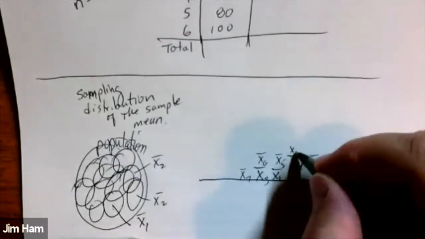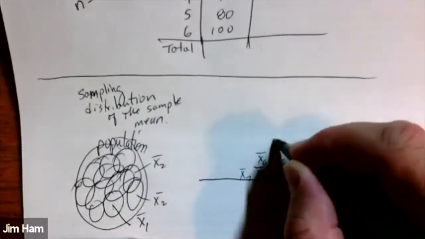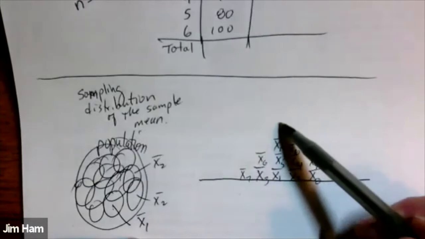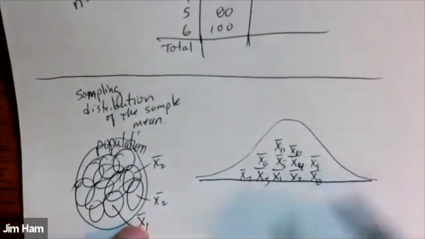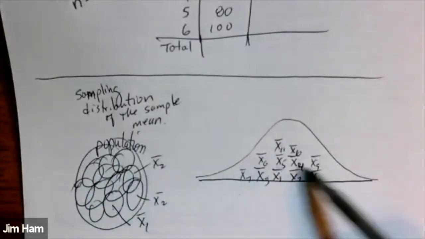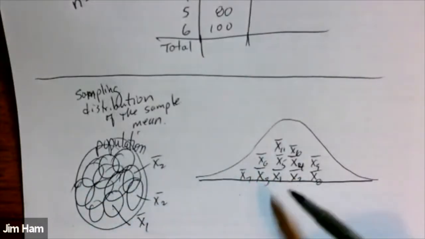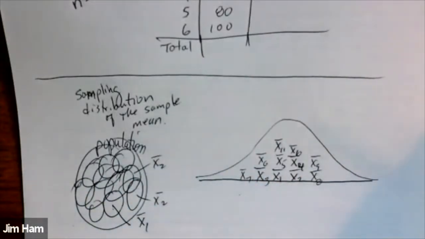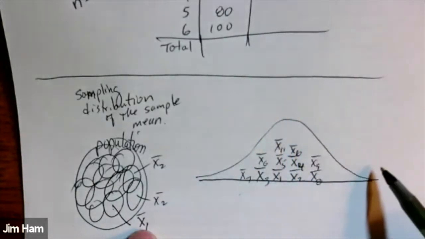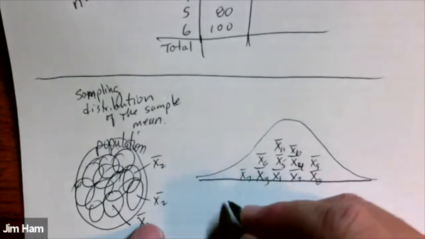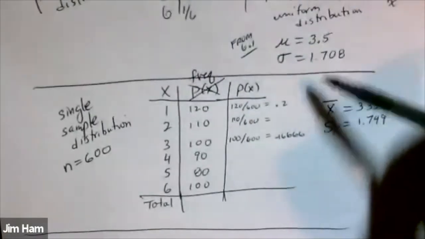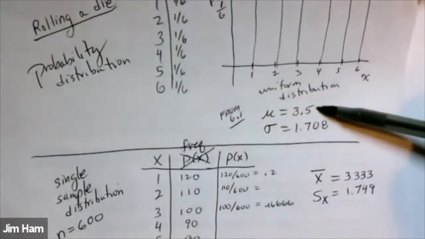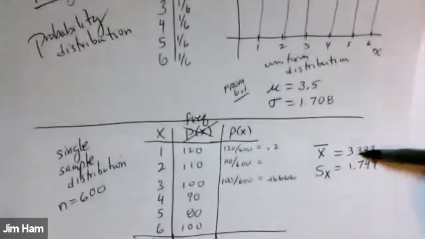But the more of them that you calculate over and over again, you're going to see a pattern emerge. And it turns out that the pattern is going to look bell-shaped if you took all the possible means and put them in here. The graph of the sampling distribution is going to look approximately bell-shaped. In fact, it's going to be approximately normal under certain circumstances. And what I've done up here is identify the mean and the standard deviation in each case.